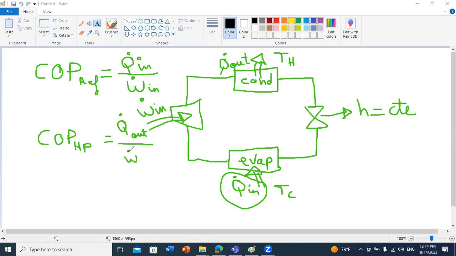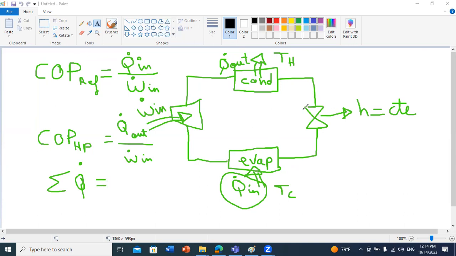And then since Q dot out is related to Q dot in, if you consider the whole cycle, we can write for the whole cycle that the sum of Q dot equals W dot net.